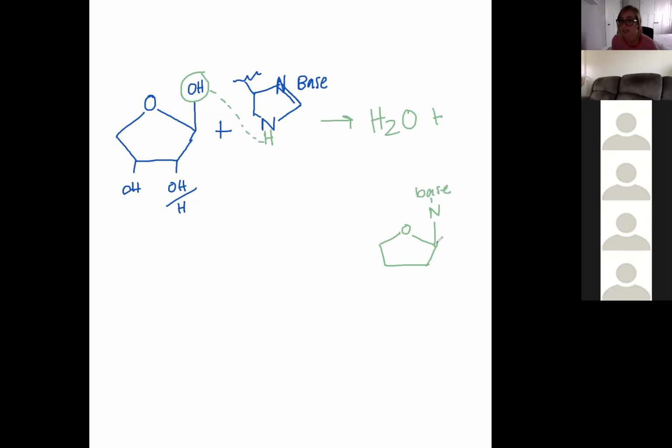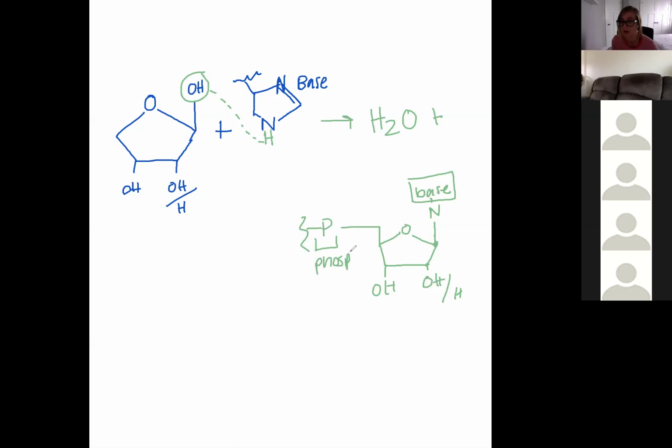I put this N here because that's what replaced the OH originally. And then I'm writing base because you can choose to draw anything you want there. And that's the phosphate group.